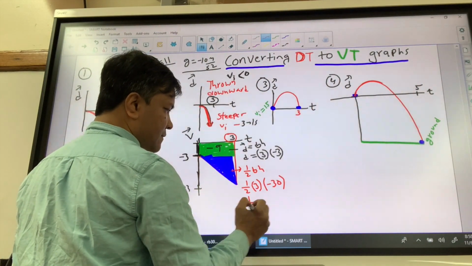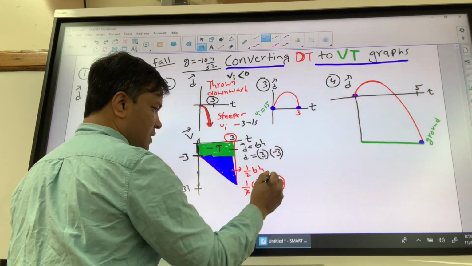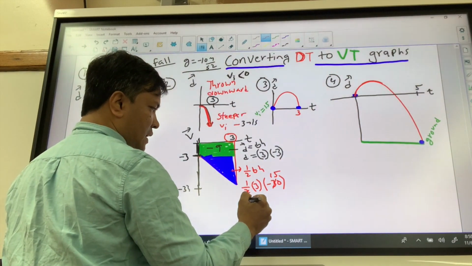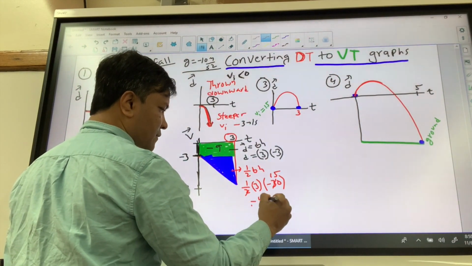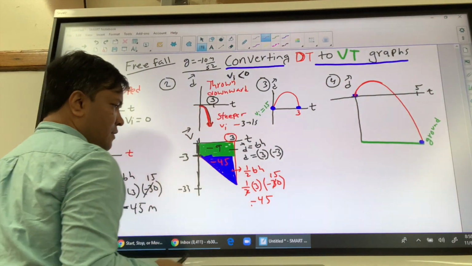So half, you don't have to write half. This 2 goes into 30 15 times. So this gives you negative 45. If you add them up, what do you get?